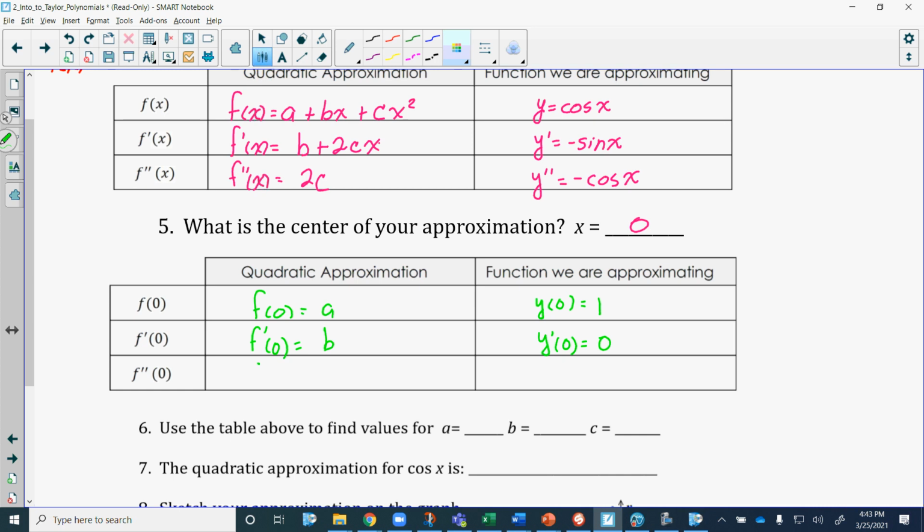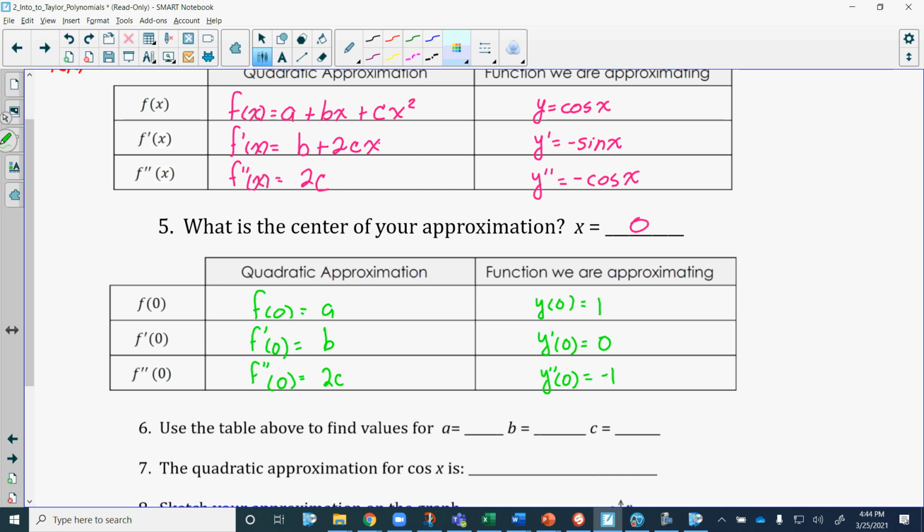So here, f double prime of 0 is going to simplify to be 2c, because we don't have anything to substitute. It's just going to be 2c. And here, y double prime of 0, negative cosine of 0, will be negative 1.